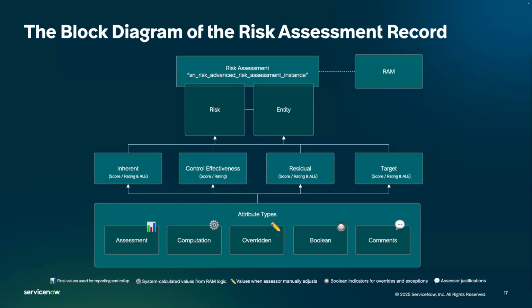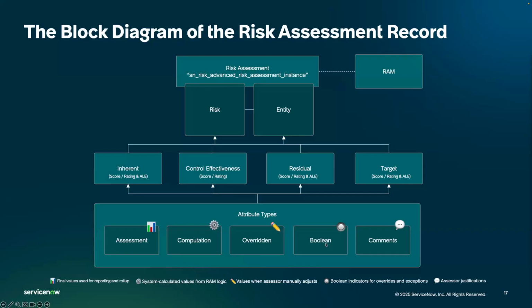Now, here's the key insight. For each assessment type, you get the same five attribute categories. Assessment stores your final values, what feeds reporting and roll-ups. Computation stores what the system calculated based on your RAM logic. Overridden captures manual adjustments when assessors intervene.